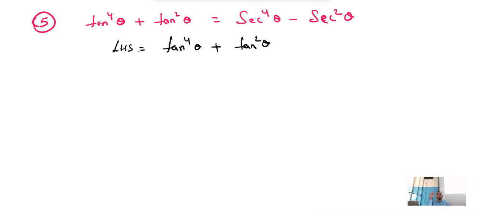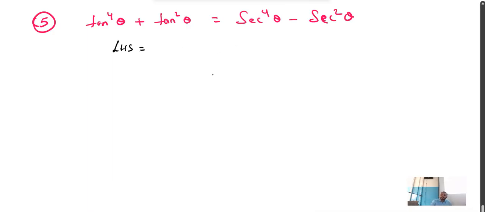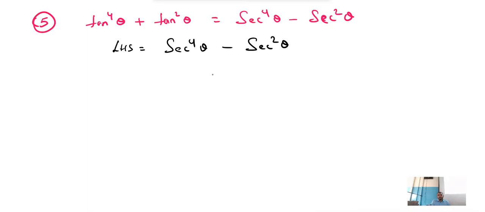See, children, till now we always take the LHS and prove it as the RHS, no? Shall we do some twist? Because everyone will do this. We try the other method. Now let me take the RHS, secant power 4 theta minus secant square theta, and assume it as LHS.